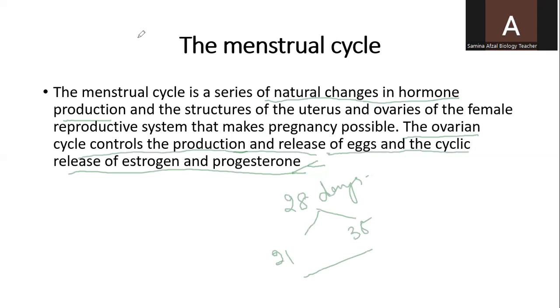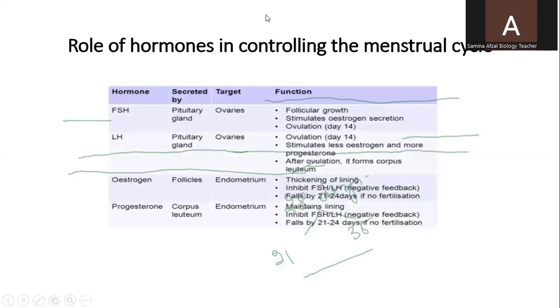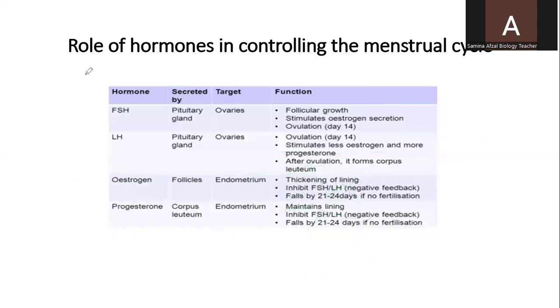The different phases take place in the menstrual cycle, and different hormones are involved during it. These hormones are produced at different places and perform different functions, and we will discuss them one by one. First of all, FSH or follicle stimulating hormone.